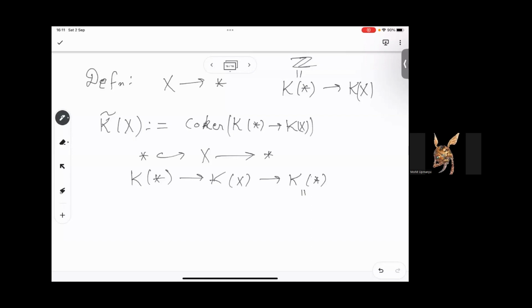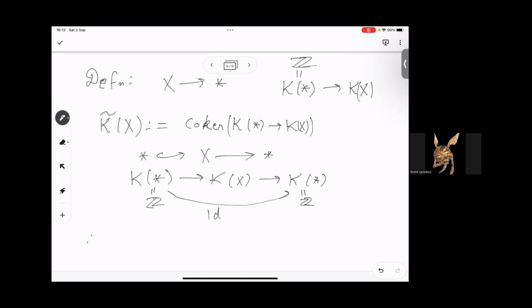And this is Z. The point is, if we start with a trivial bundle, the pullback onto the point will just give me back the exact same dimensional vector space on star. So we start with a trivial bundle, we end with a trivial bundle. So this composite map is the identity, and that gives us that this thing is canonically split.